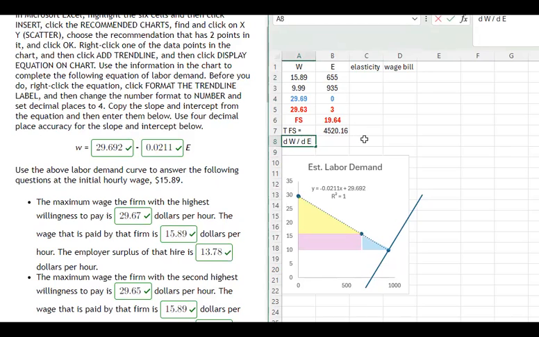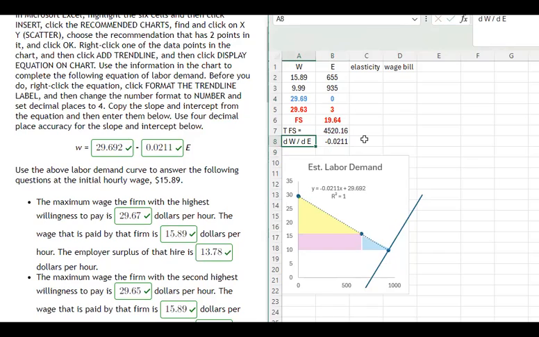The D stands for change, difference. So the difference in wages over the difference in employment is equal to negative 0.211. That's the change.